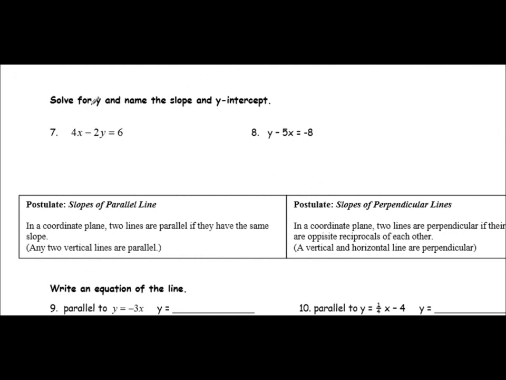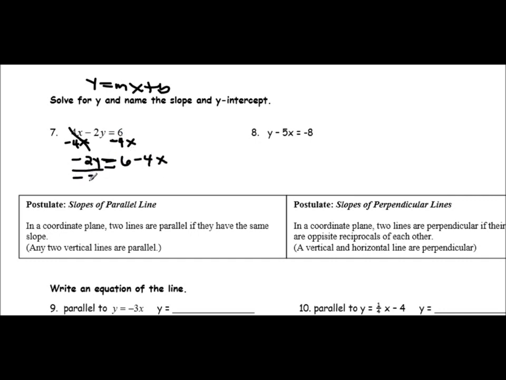Now, sometimes they're not going to give it to you as y equals mx plus b. You have to figure out what that equation is from the given equation. So we're going to manipulate this equation using our properties of algebra to get y equals. The first thing I'm going to do is subtract 4x from both sides of my equation. So I'm going to get -2y equals 6 minus 4x.